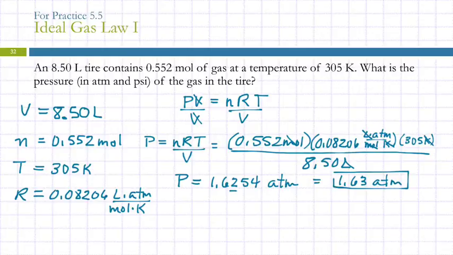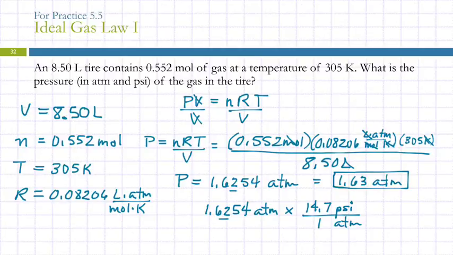But this question asks for 2 things. It also asks for the pressure in PSI. So you would have to go look up the conversion factor between atmospheres and PSI. If it was an exam question, I would give you that table. So you look it up and you find that PSI is 14.7 for 1 atmosphere.